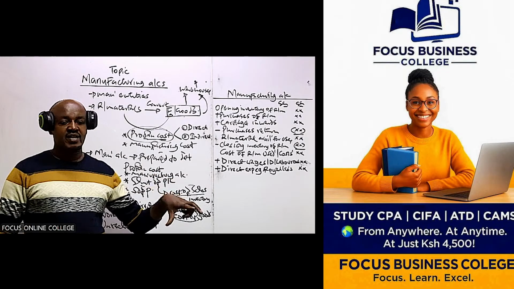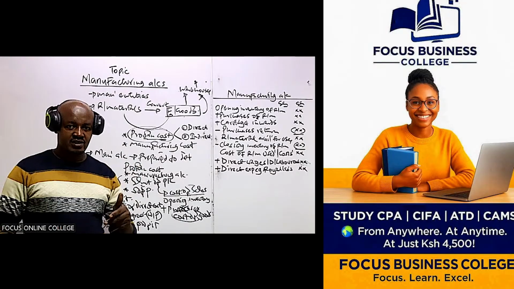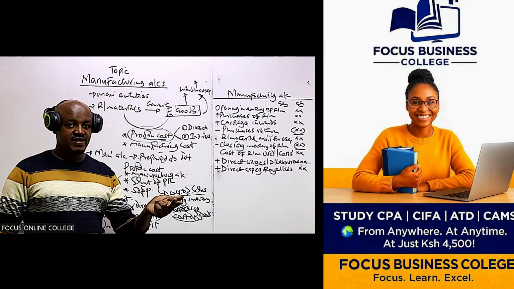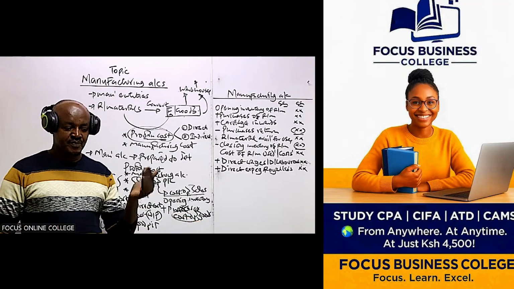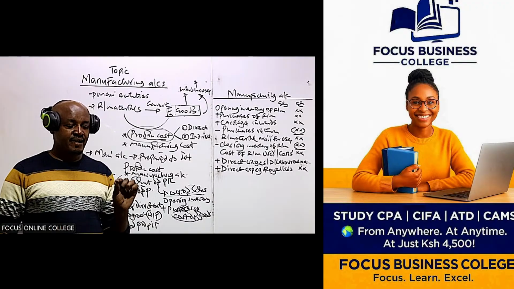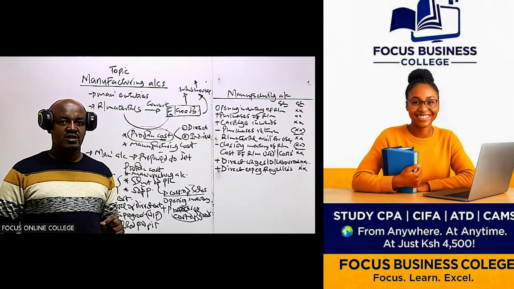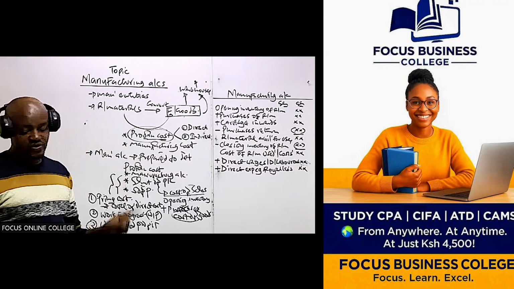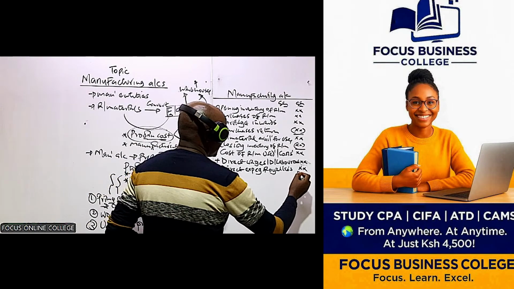So the company agrees with the owner of that land that maybe for each ton of the sand which is harvested in that land, the company will be paying a certain amount of money. You can see that sand is a raw material, but the amount which is paid by the company depends on the number of tons which are harvested. It is a direct cost. So if you're given a royalty in this particular question for manufacturing, it is a direct expense.